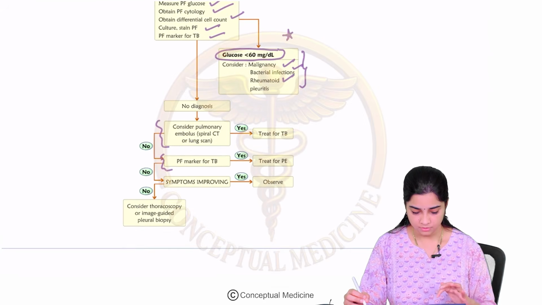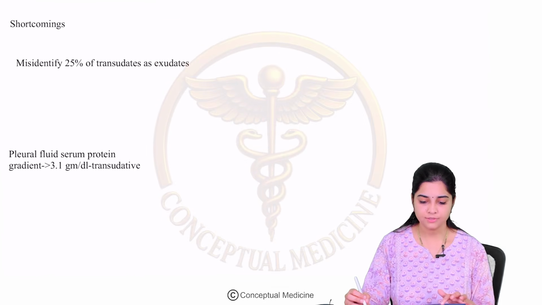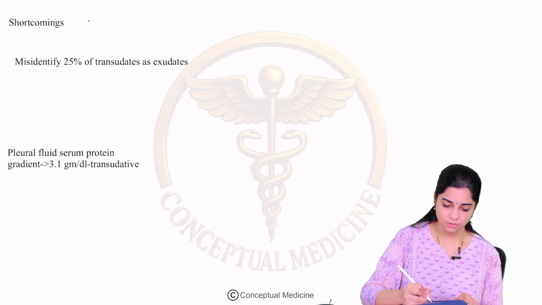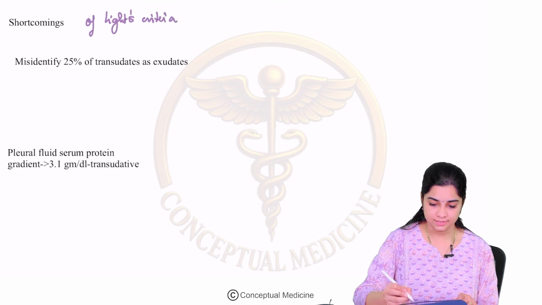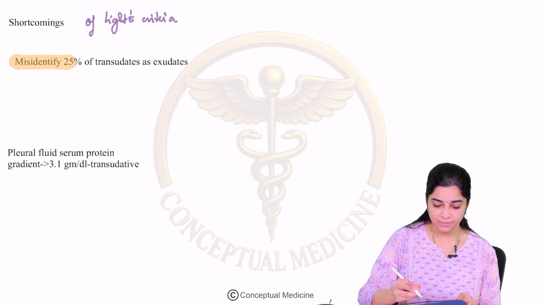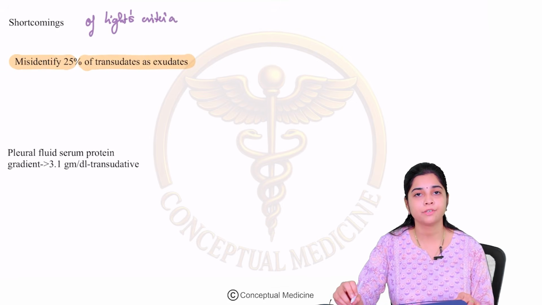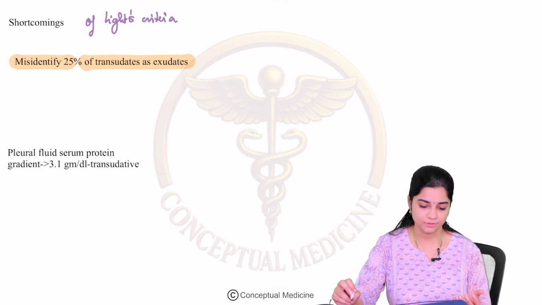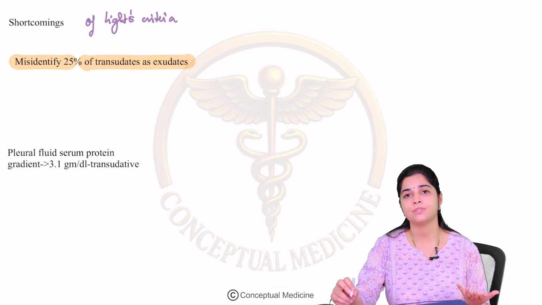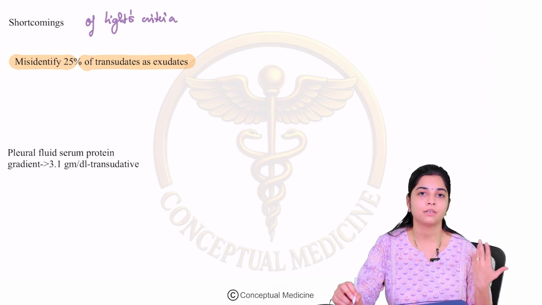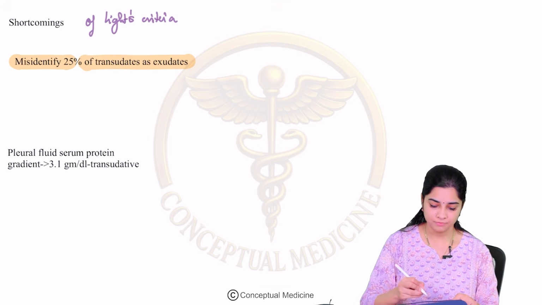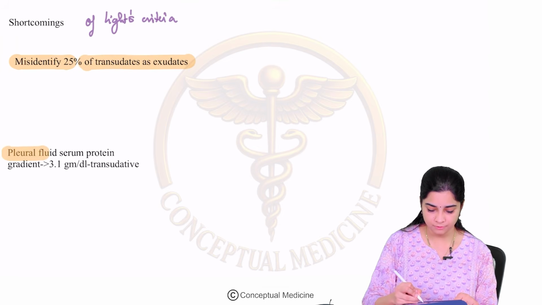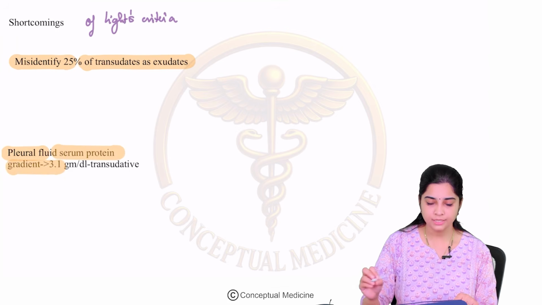Fine. Now, what are the shortcomings of the Light's criteria? The major problem which people found with this criteria is that it misidentifies 25% of the transudative effusions as exudative effusions. So it misclassifies the transudates as exudates, and we will end up searching for further etiologies. That is the reason why they have come up with this new ratio, which is called the pleural fluid serum protein gradient.